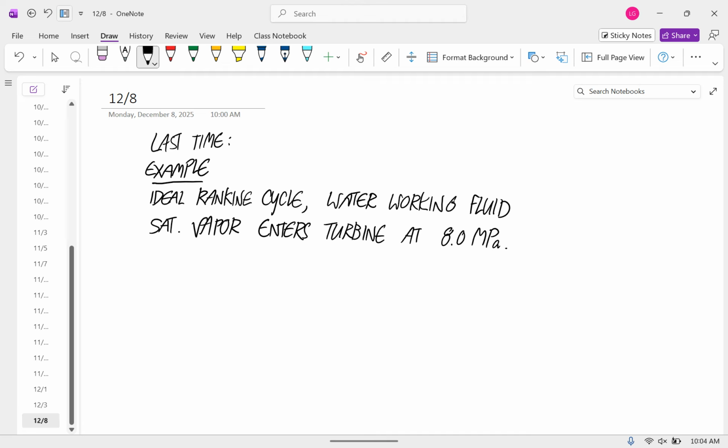And then we had saturated liquid exiting the condenser at 0.08 megapascals.